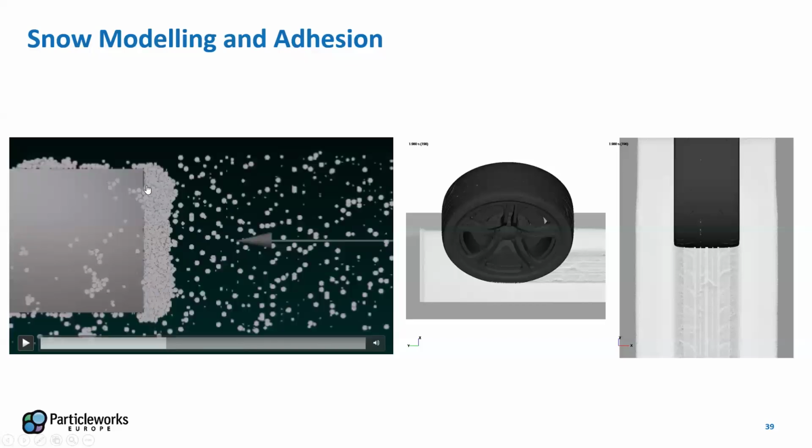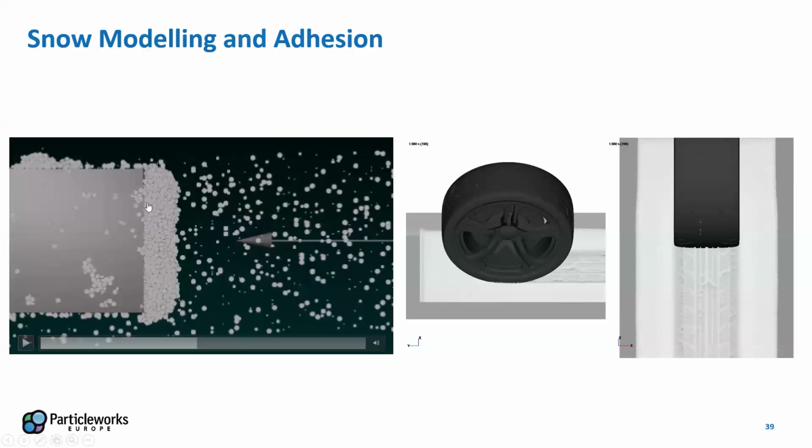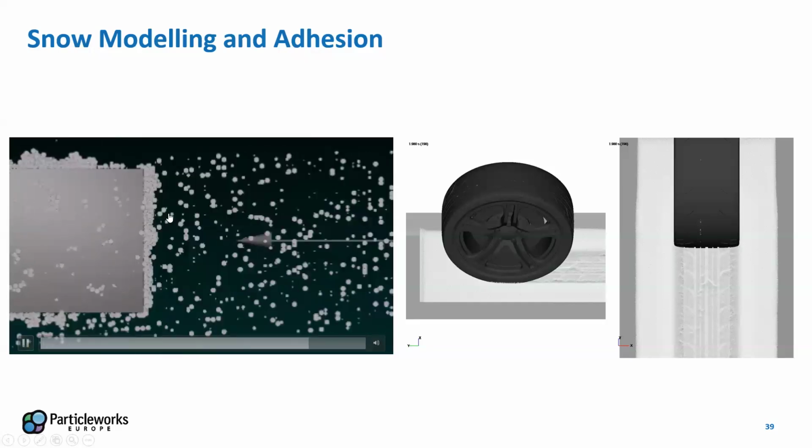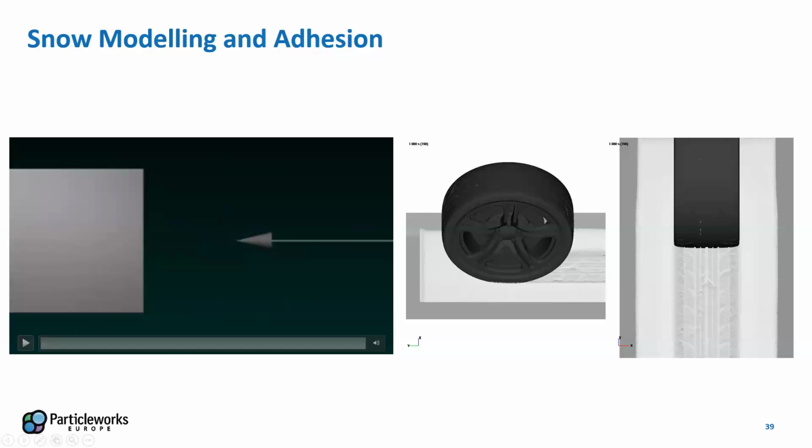There are adhesions between particles, but also on the walls that will result in an accumulation that then falls down due to gravity when the physics result in that. We have also a tire entering a snow pattern, and we can see the tire tread compressing the snow accordingly.